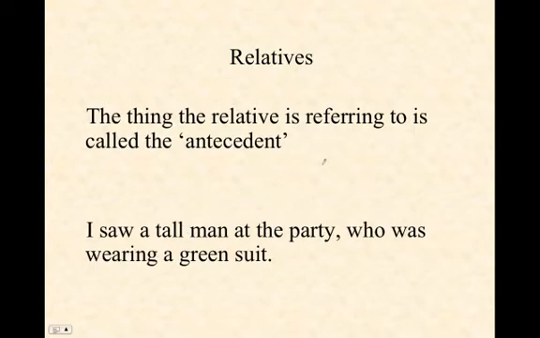Now, we can put a relative clause somewhere else. Notice in the first example, who came immediately after the word man, but this example still makes sense. I saw a tall man at the party who was wearing a green suit. In this example, we still logically know that the who goes back to man, because who refers to people.